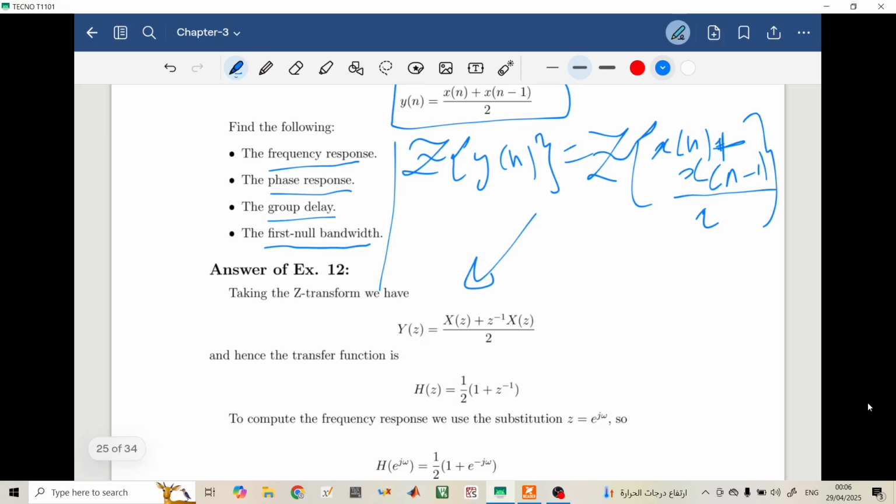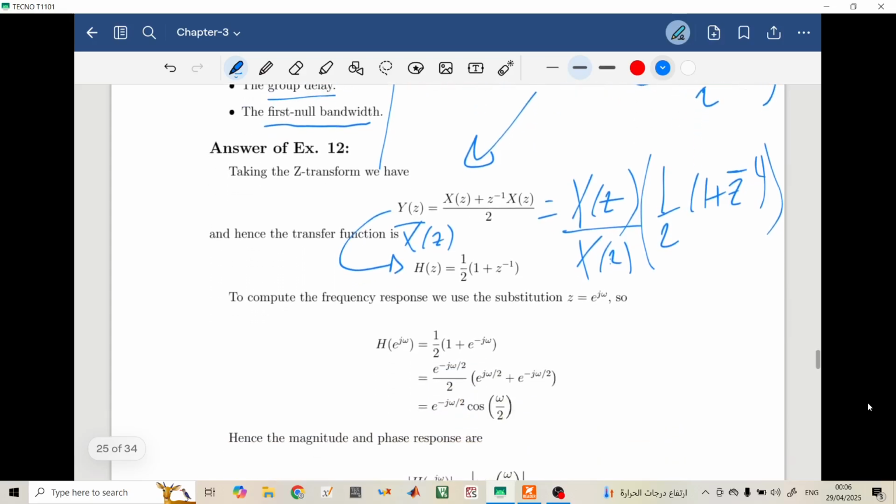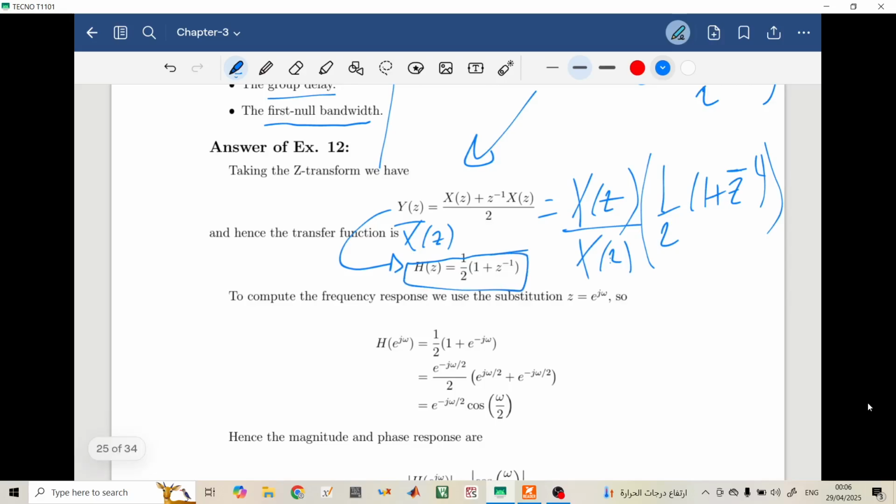We can take X(z) as a common factor here, so we get this term like this, and if we divide both sides by X(z), we get the transfer function by definition. So this is the transfer function of the 2-point moving average filter. Now if we want to find the frequency response, we simply replace z by e to the power j omega.